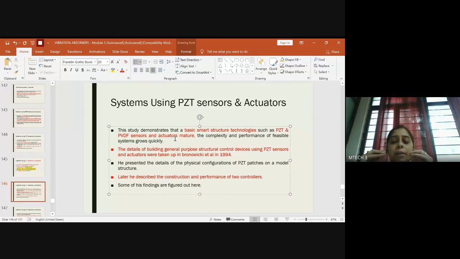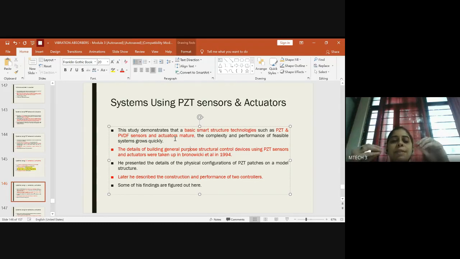But if you need to do this for a larger smart structure, the complexity increases. When the complexity increases, you need advanced versions of the sensors and the actuators which can function in multiple ways.